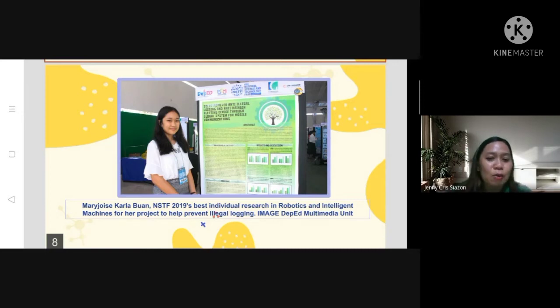Okay? So, ang maganda sa ginawa niya, yung mga data na makukuha ng mga detectors and sensors na meron dun sa device niya, it is directly connected to a database system using the internet. Okay? Yun ang maganda sa ginawa niya. Direktang malalaman kung ano talaga yung exact value, no?